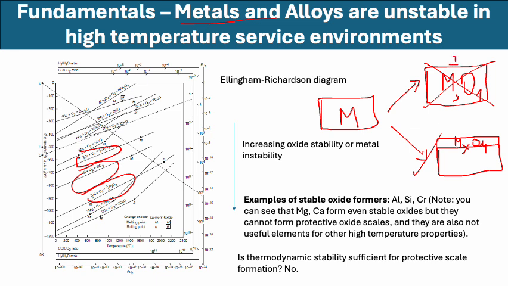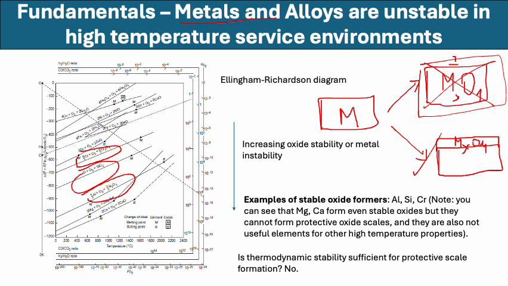For example, magnesium or calcium actually form more stable oxides when compared to aluminum or chromium, but they are not protective scale formers because they lead to case 1, when the entire metal quickly converts into just a piece of oxide.